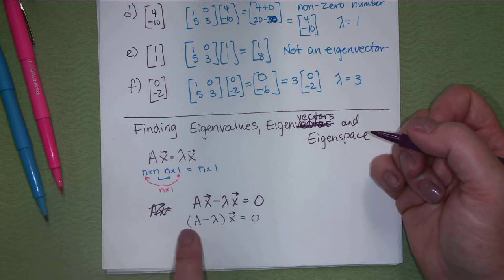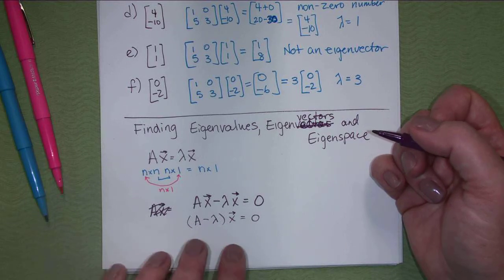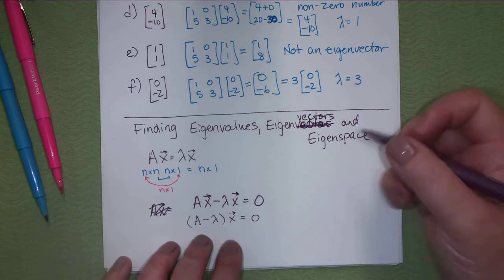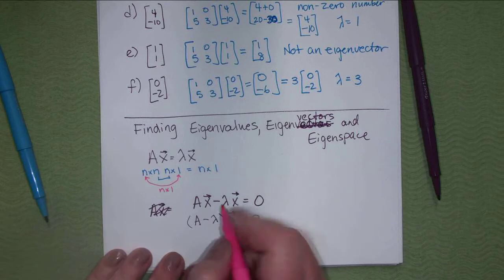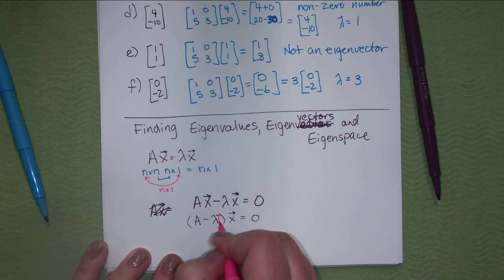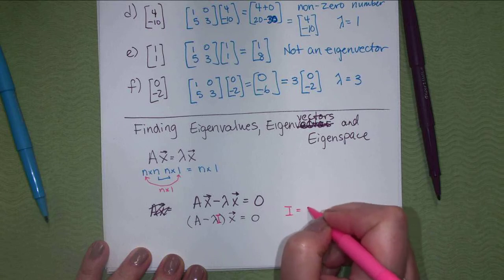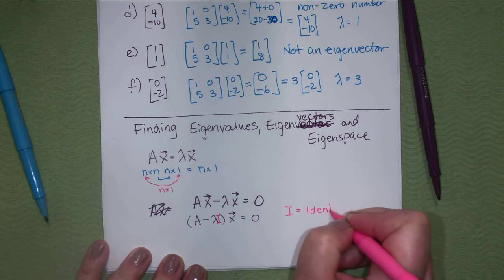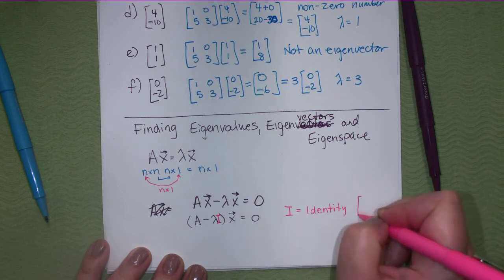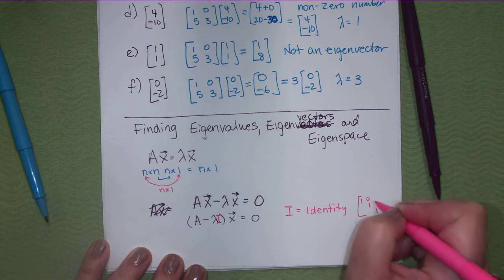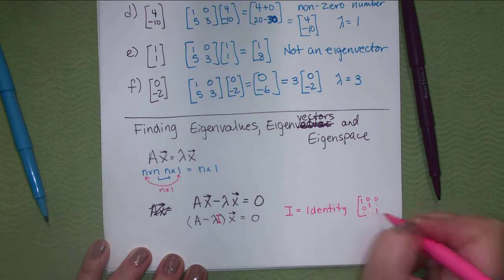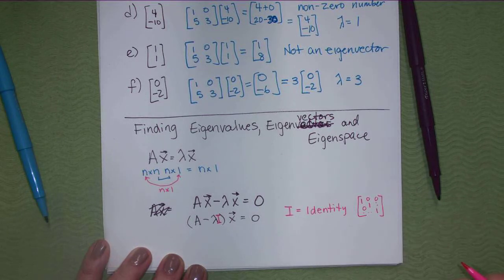So there is actually a way to do it so that this is still legitimate, and that is to put in an I here. What's I? The identity, which is 1's down the diagonal, 0's everywhere else. It doesn't change anything because it's like multiplying by 1.